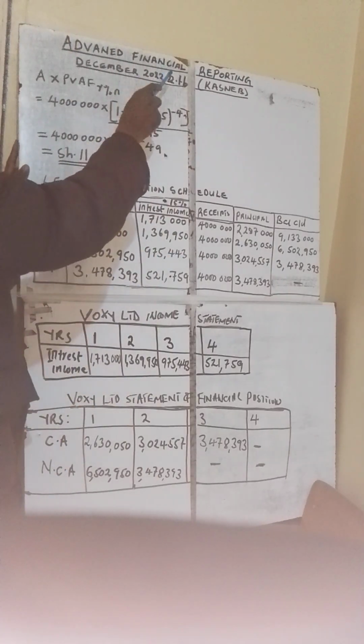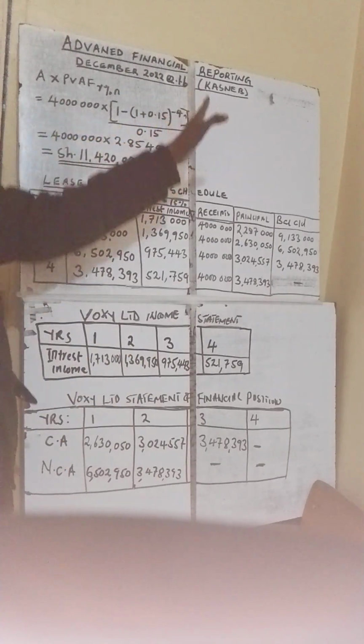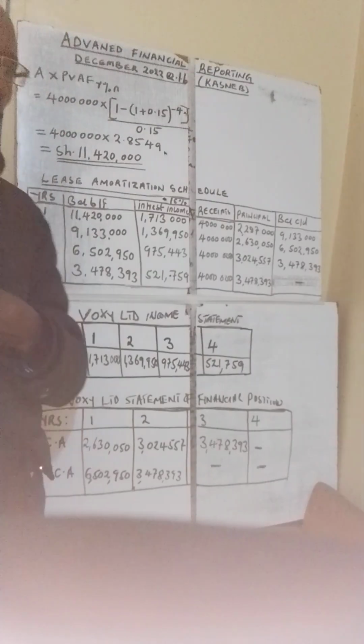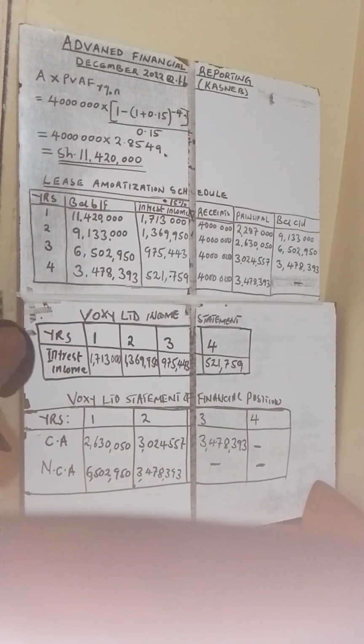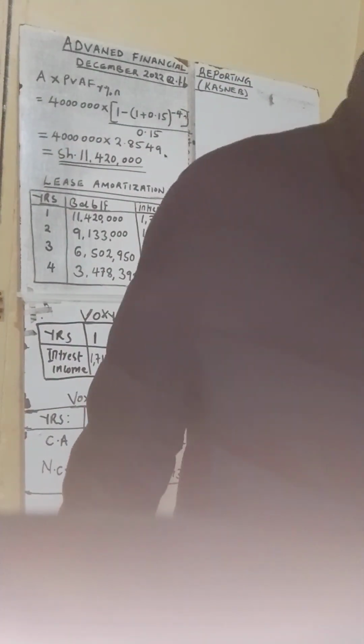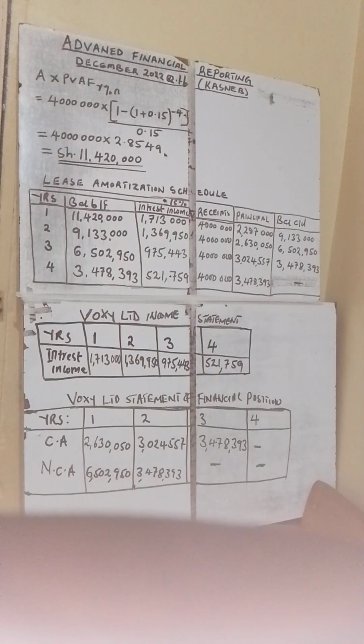December 2022, question 1B, and this is KASNEB, the Kenya Accountants and Secretaries National Examination Board. Now, let me see whether we'll be able to see that question as it appears in my paper. I believe most of our students have this paper with them.